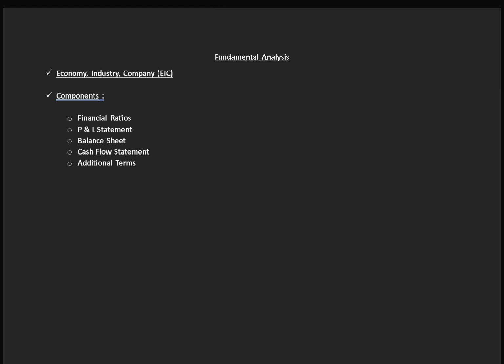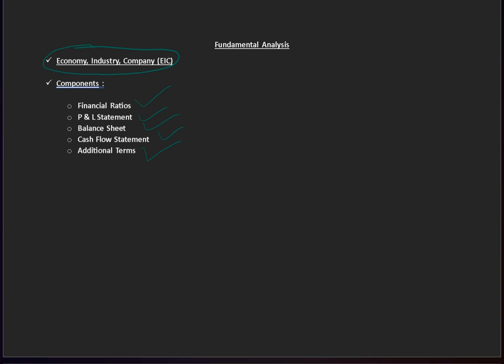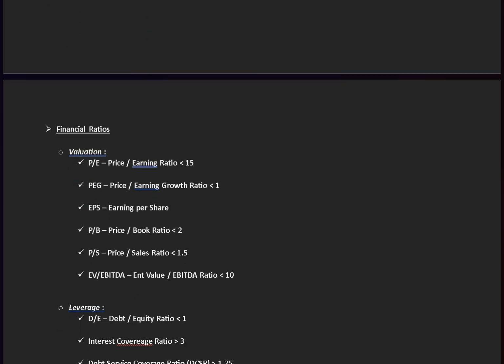Till now we have seen how EIC, economy, industry, and company analysis is done. After that, we saw some components like financial ratios, P&L statement, balance sheet, cash flow statement, and some additional terms. So without wasting further time, let's dive into the financial ratios.